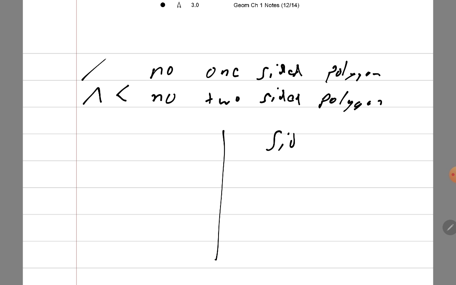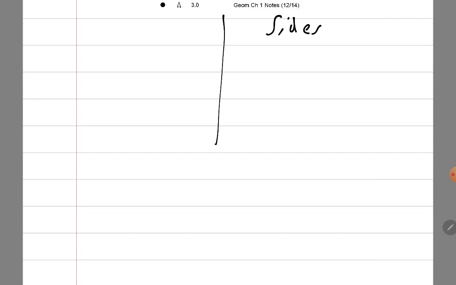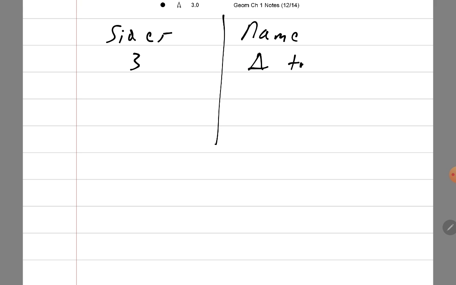So I'm going to split this up. Actually, let's do the number of sides on this side, and then the name. So 3-sided, you should know that's a triangle. 4-sided, we call that a quadrilateral. Quadrilateral.